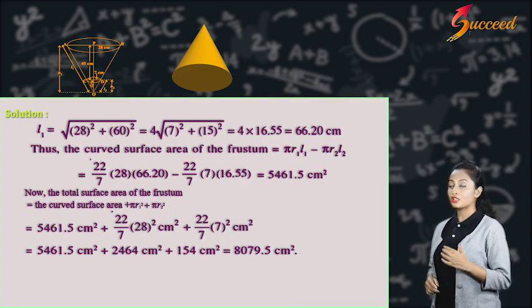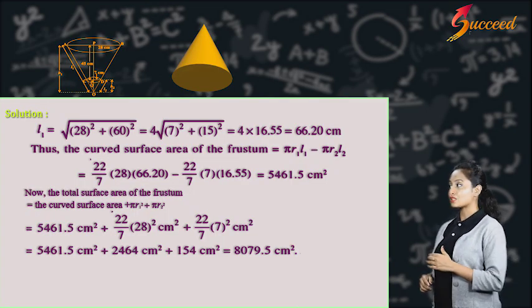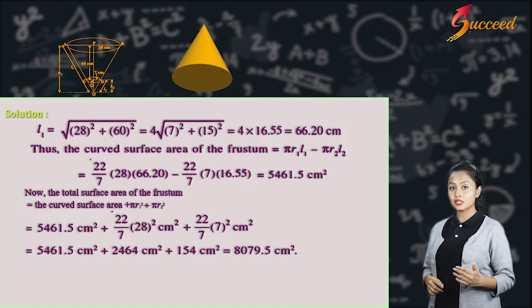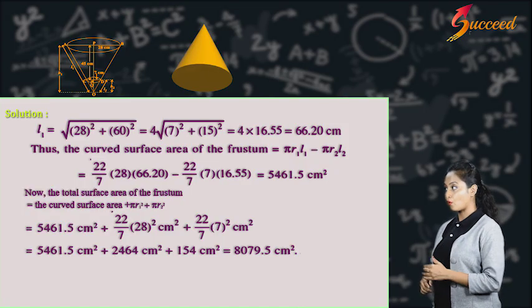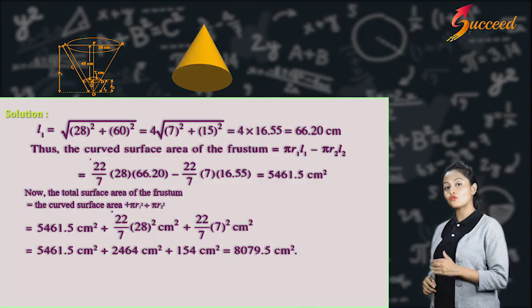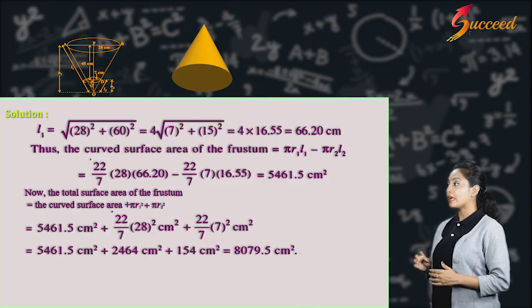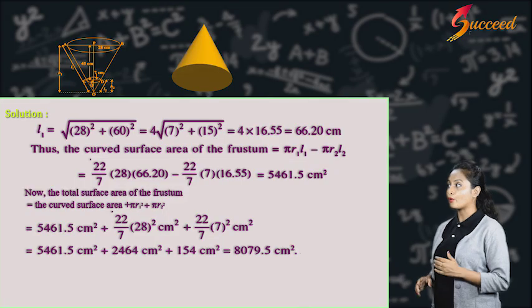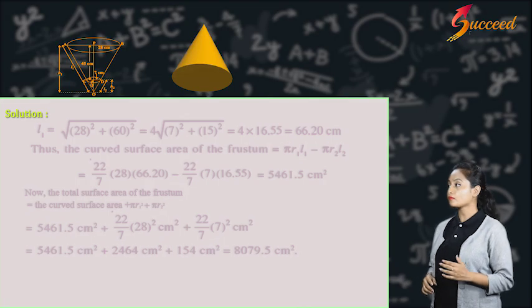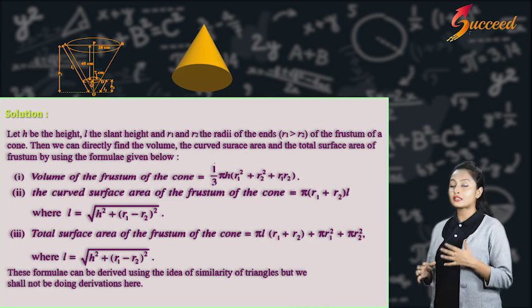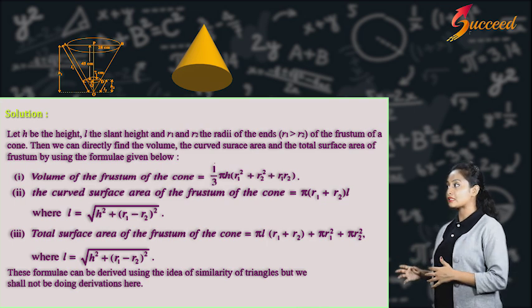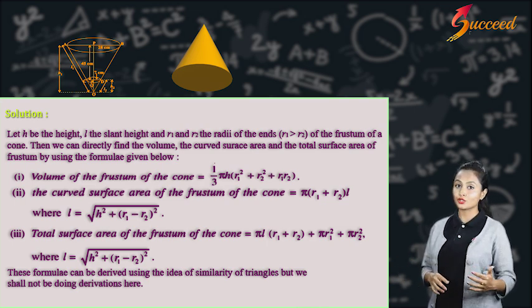On calculating, you get 5461.5 plus 2464 plus 154 centimeter square. Adding all of this, we get 8079.5 centimeter square.